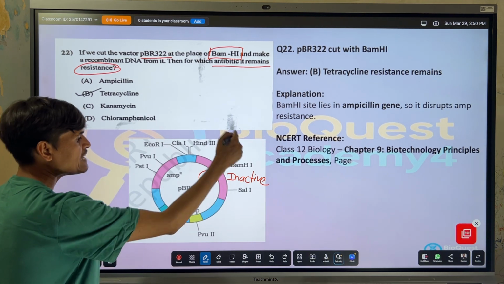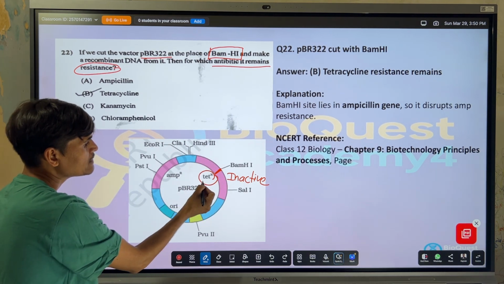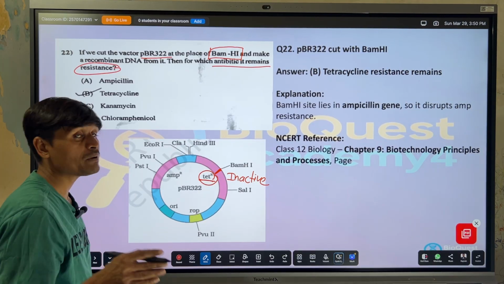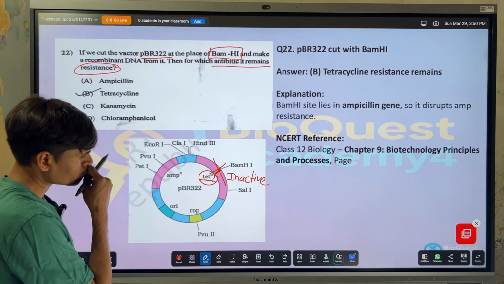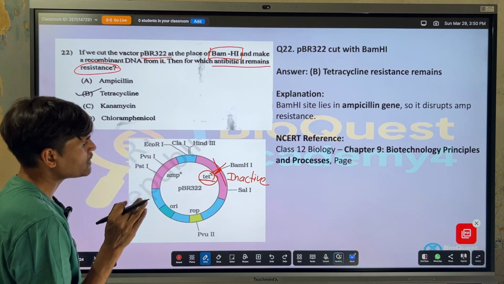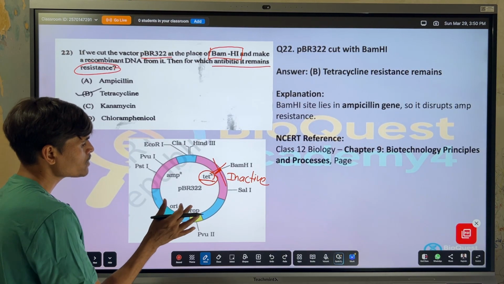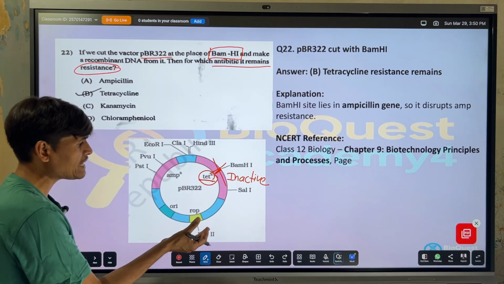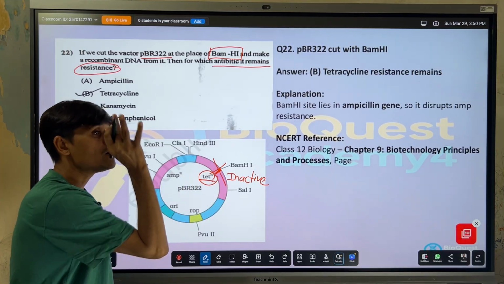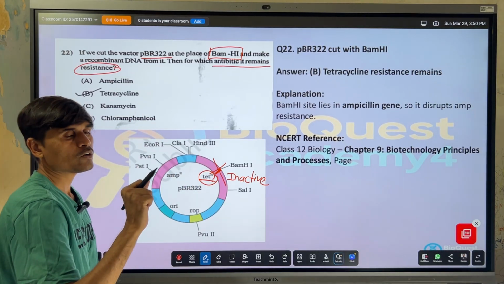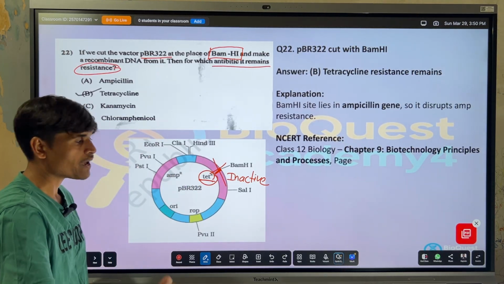If you insert any DNA over here and make rDNA, this tetracycline gene becomes inactive. Normally we take this from bacteria, so the bacteria will lose the tetracycline resistance capacity. That means if you give tetracycline, they will die.